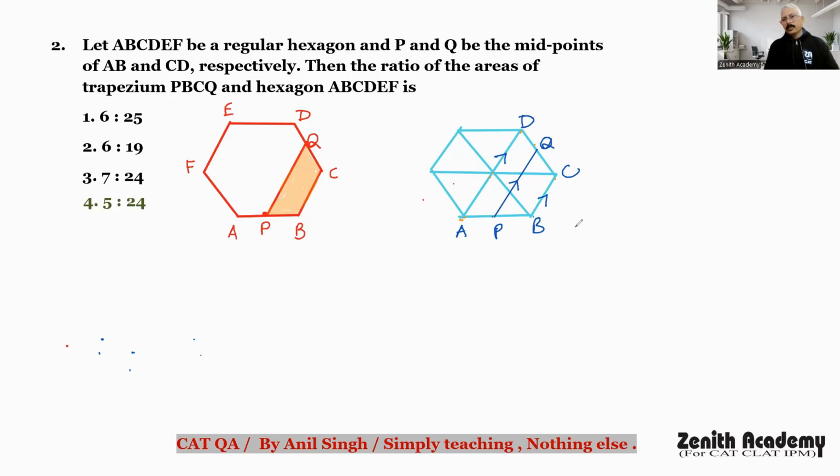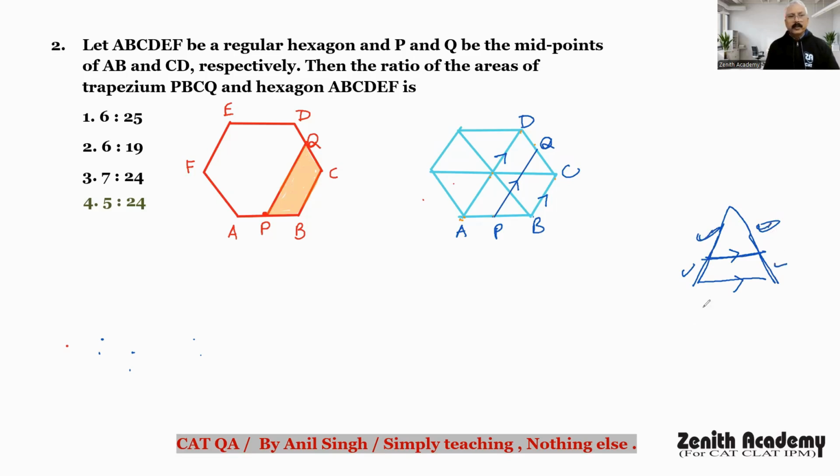Okay. So actually, as we know, in any triangle, if we draw a parallel line to the base, then this parallel line divides this side and this side in the same ratio.